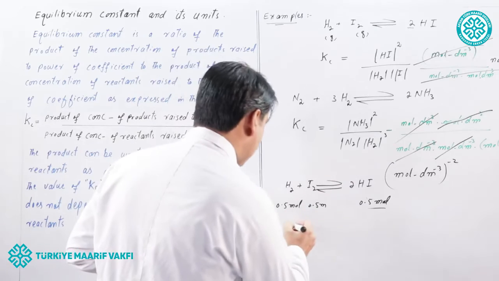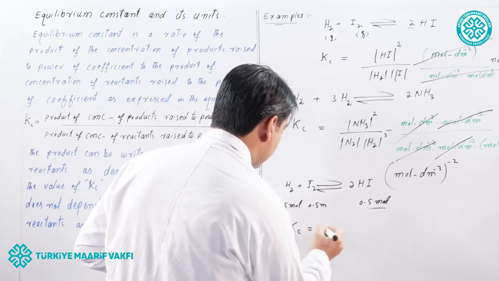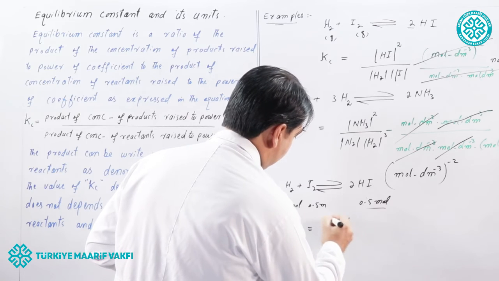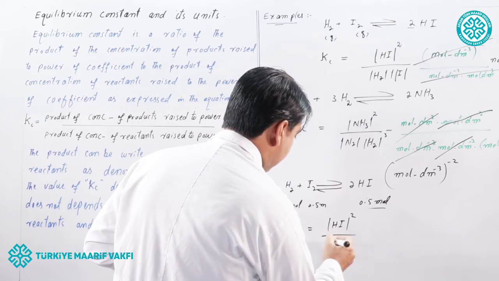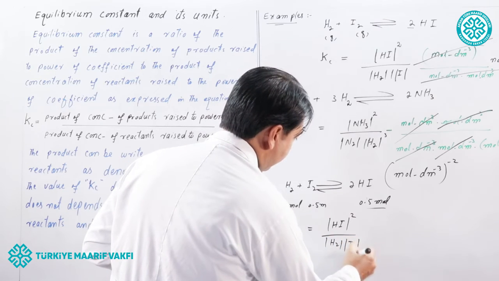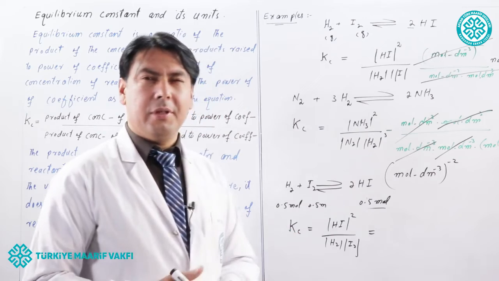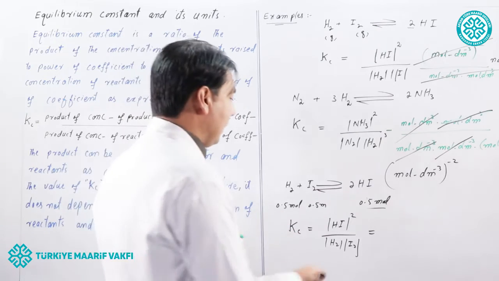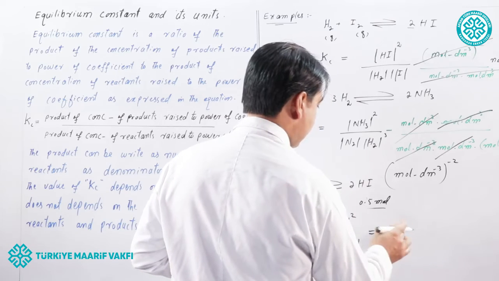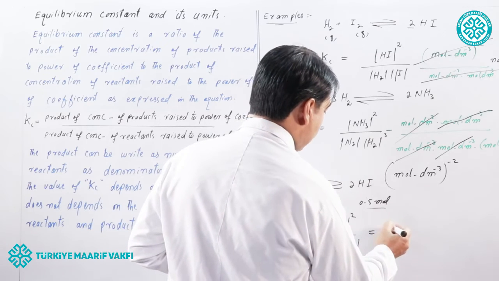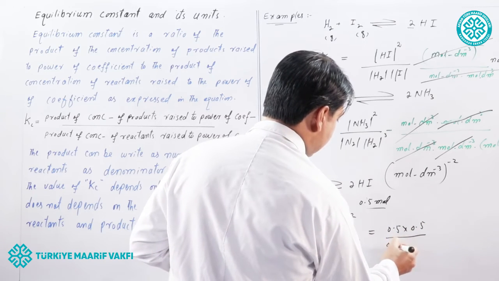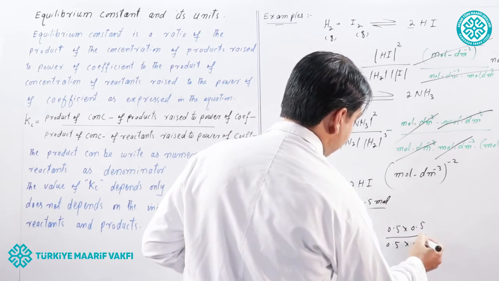So as Kc is equal to HI whole square divided by H2 and I2. Now put the values. 0.5 squared divided by 0.5 multiplied by 0.5.